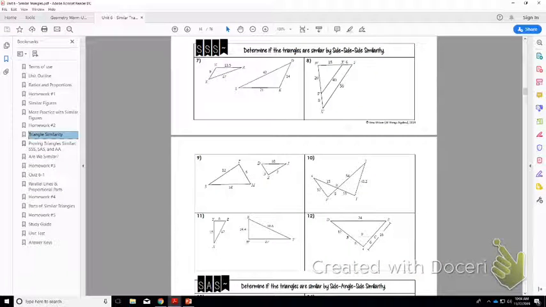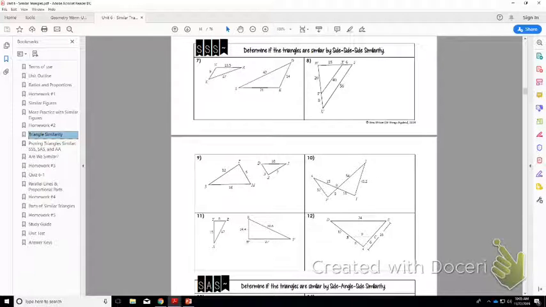When you're working with side, side, side, you have to be really careful because they are not giving you a similarity statement, right? So it's up to you to find the corresponding sides, okay? They're going to take those triangles, flip them, rotate them, okay? They're going to make it a little bit harder on you. You guys have really been working on your spatial reasoning, so that's going to come in handy.